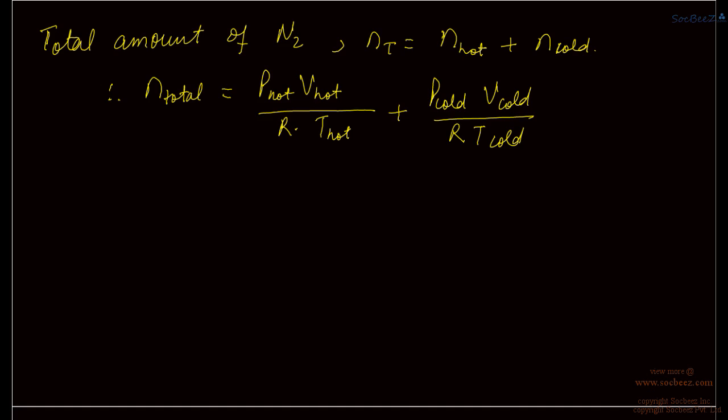Now the system at higher temperature has the temperature 298 Kelvin, and the system at lower temperature has the temperature 273 Kelvin.